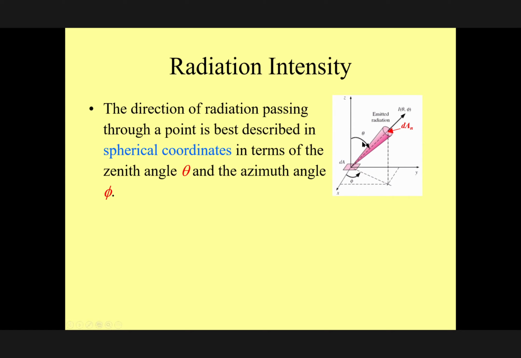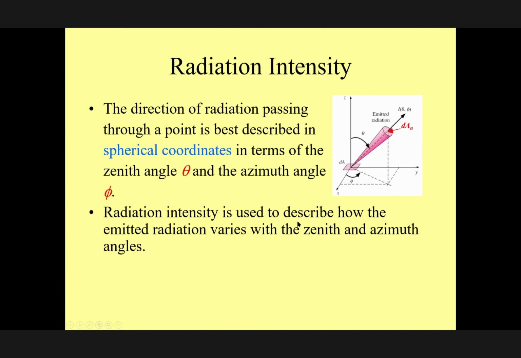At the end we are going to make an assumption for our application in building engineering, but in reality this ray is a function of these two angles. As I mentioned, radiation varies with these two angles in real material. In textbooks there are materials that show this ray changing, as emissivity becomes a function of these two angles, transmissivity becomes a function of these two angles, and so on.